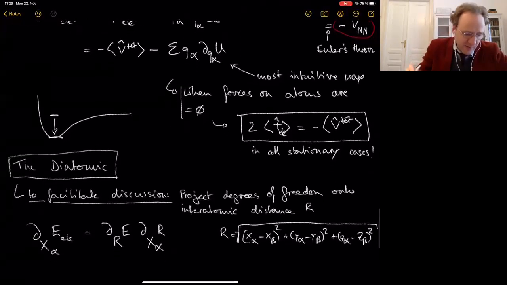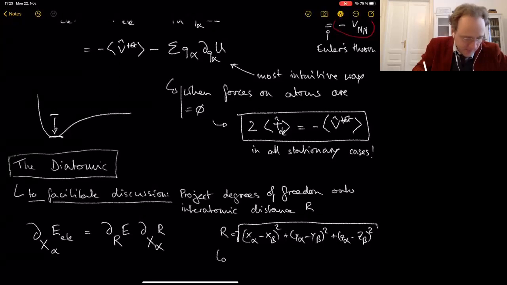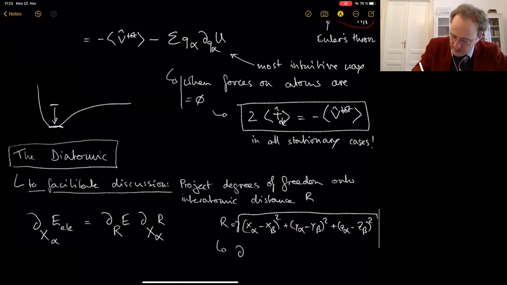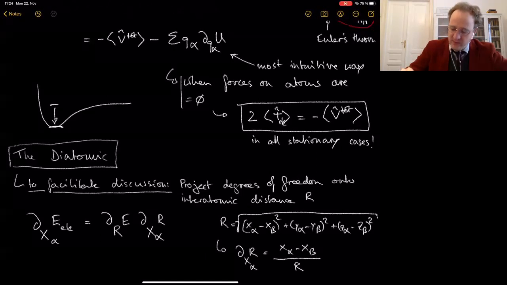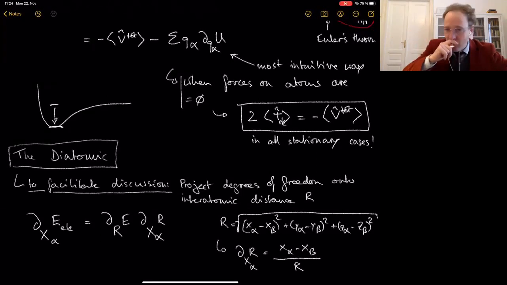And so if you differentiate this, the X alpha R, what survives is your X alpha minus X beta divided by the distance, which is R. Yeah. So R is this sum of squares, the square root of the sum of squares. If you differentiate that, you have to the minus 1/2, right? So that's 1 over R.